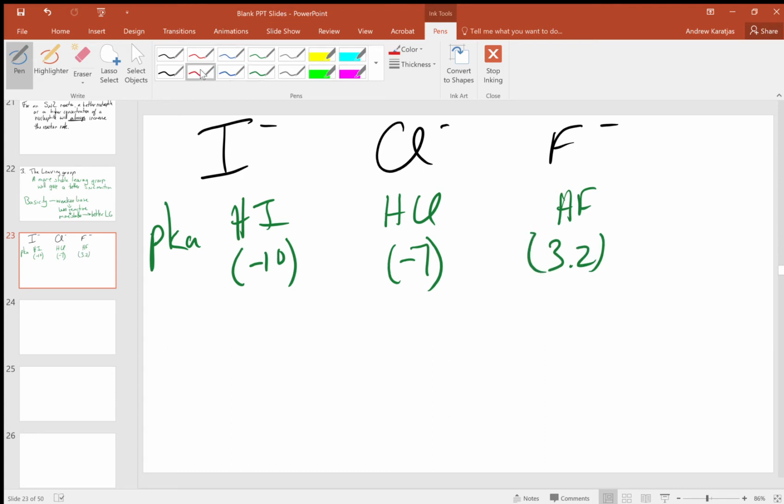So what that means is that of these three possible leaving groups, their conjugate acids, HI is the strongest acid, whereas HF is a weaker acid.